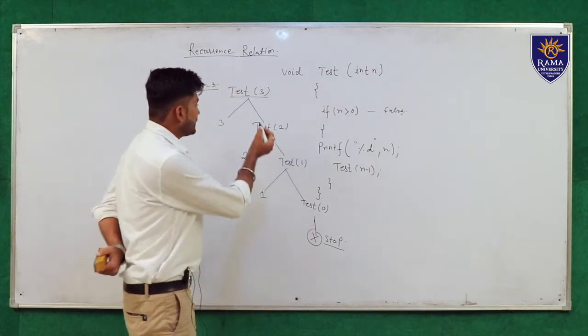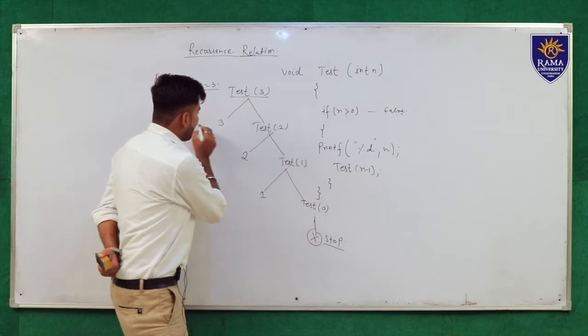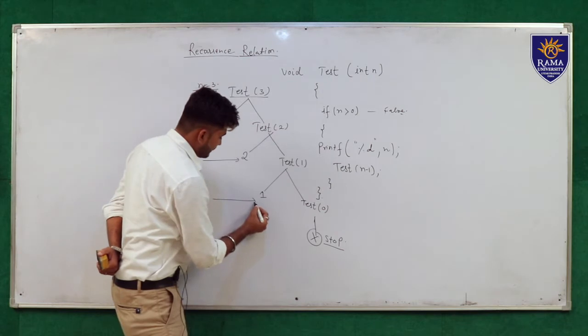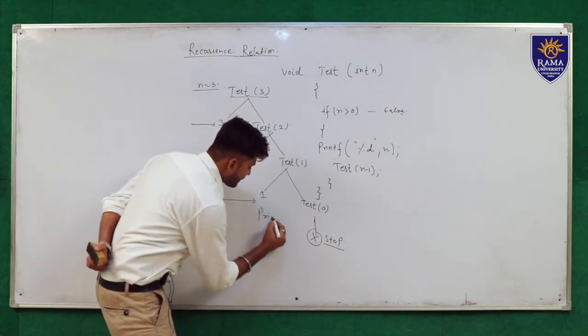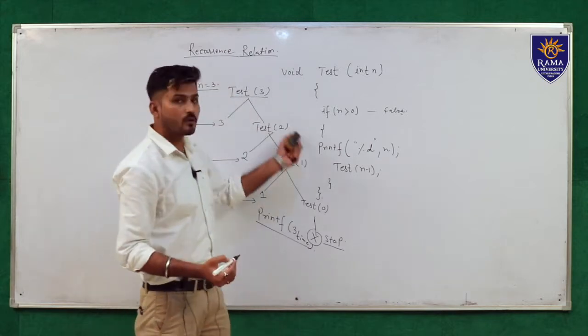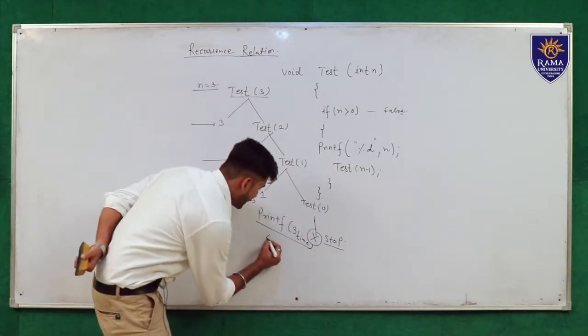So here we can see that it prints 3, prints 2, prints 1. How many times does it print the value? 3 times. And how many times does the function call itself? Total 4 times.